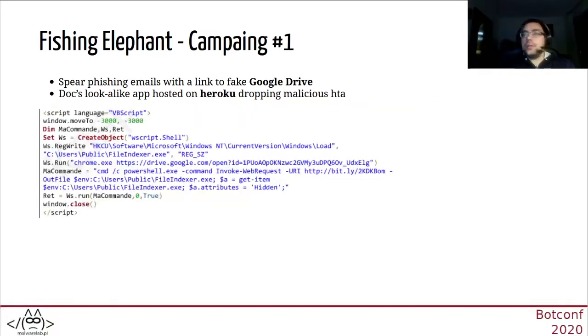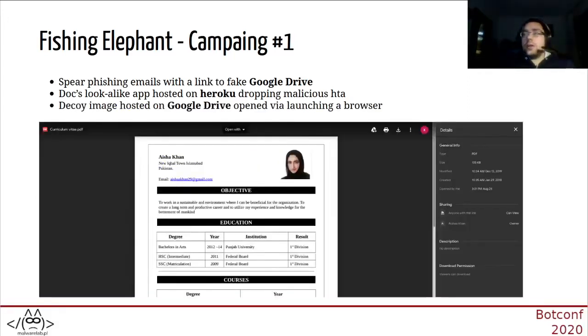that was responsible for getting malware and running it on the hard drive of the infected computer, and firing up the browser that would call the actual Google Drive in order to show the lure, or the fake invoice in this case.